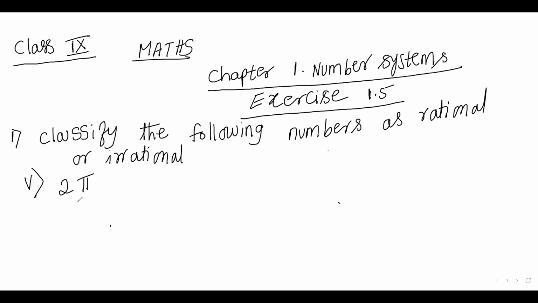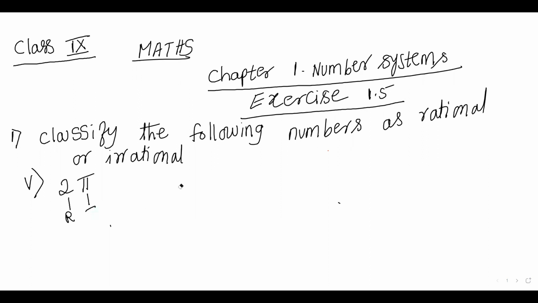2 pi. 2 is rational. Pi is irrational. Product of non-zero rational and irrational is always irrational.